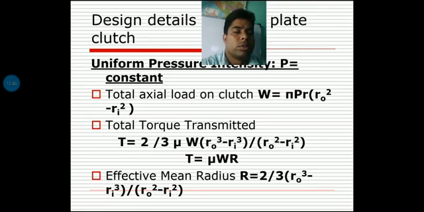So the total torque transmitted, capital T, is equal to two-third of mu into W into (RO cube minus RI cube) whole by (RO square minus RI square), where mu is the coefficient of friction and W is the total axial load.